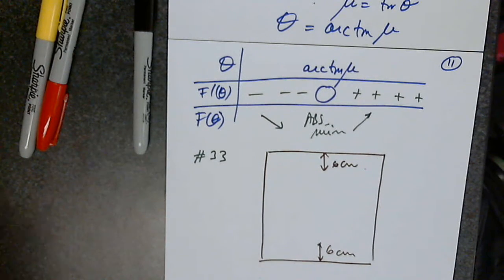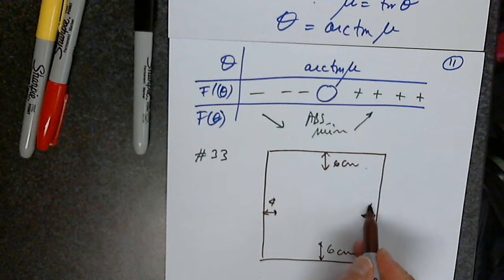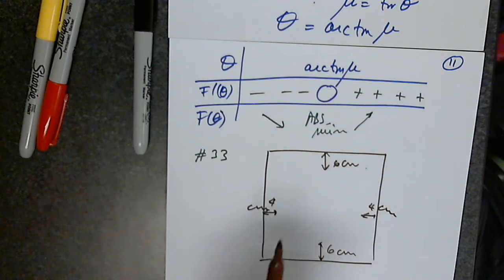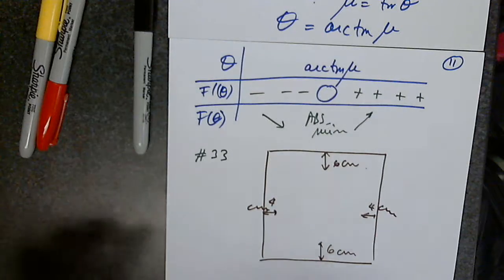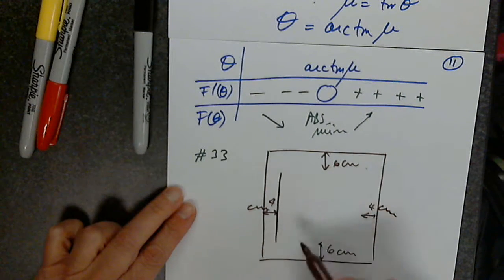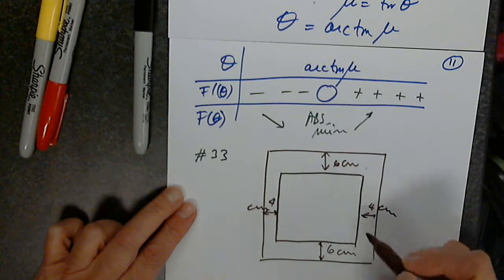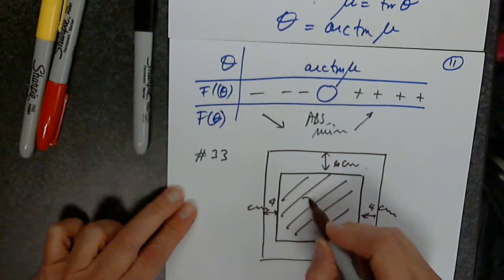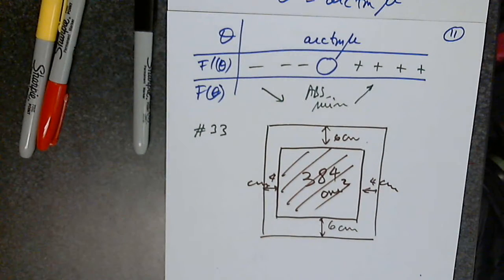And the side margins are each 4 centimeters. If the area of printed material on the poster is fixed at 384, find the dimensions of the poster with the smallest area.